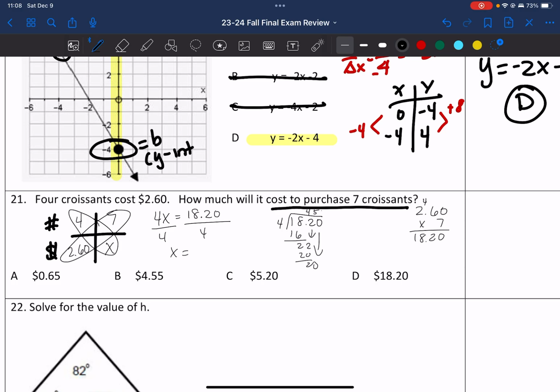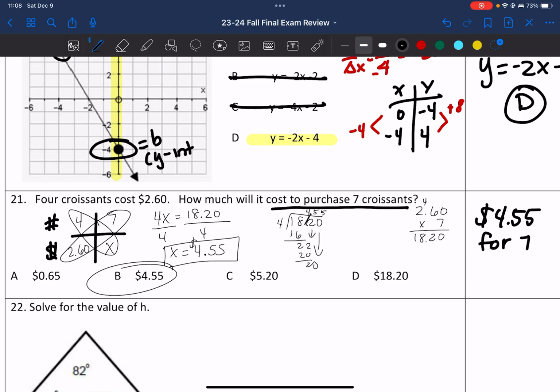And again, 4 times 5 is 20. So we're going to bring the decimal up. So that means that this is $4.55, which is going to be B. $4.55 for 7, okay, or in other words, B.